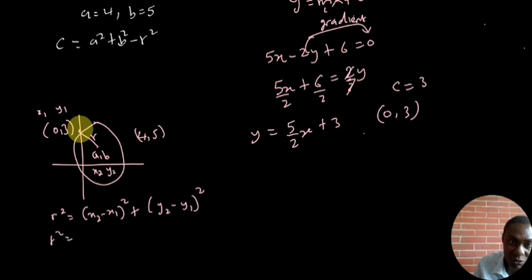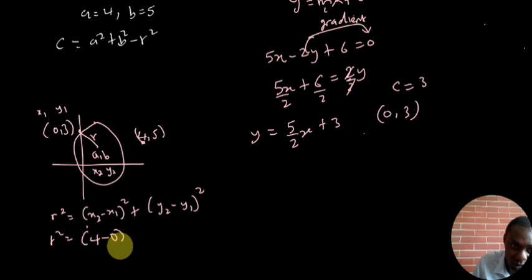So applying this, my r squared is going to be equal to 4 minus 0. The coordinate of x2 is 4, and that of x1 is 0.